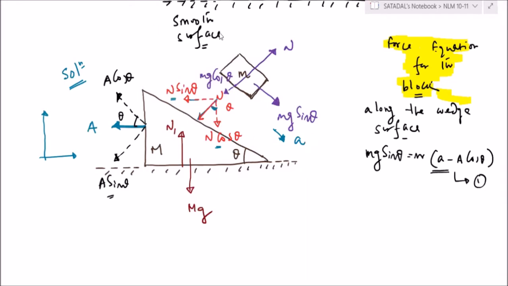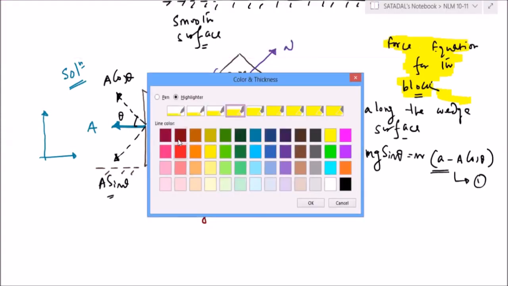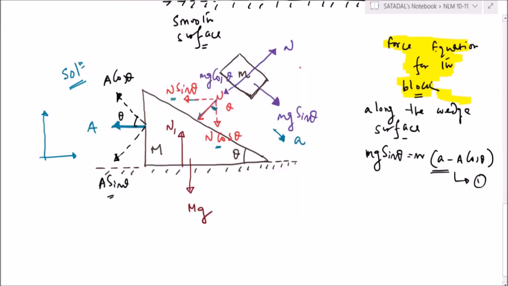Sir, but you put X and Y in the normal only, right? That was for the wedge. Oh, okay. Understood? If I show you, then there will be no ambiguity. This is the coordinate for the block. Is that okay now? Yes, sir. Okay, fine.